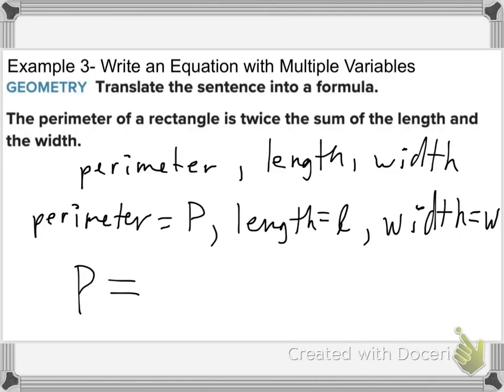So the perimeter of a rectangle is equals, what does that twice look like? 2 times something, right? Not something squared, but 2 times something. So twice the sum, what does sum mean? Add, right? So 2 times the addition problem of the length and the width. So what would that look like on the right side of this equation?